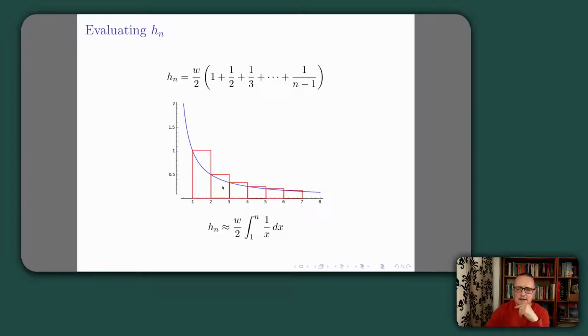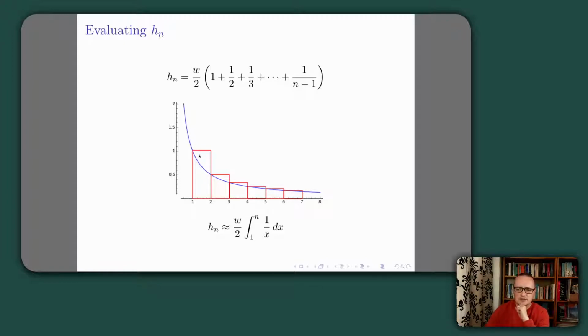So in red here, I have rectangles whose area is equal to each of these terms in the series. So I have a rectangle of area 1. It's got width 1 at the bottom and it's got height 1. I've got a rectangle of area half because it's got width 1 and height 0.5. Then I've got a rectangle of area third, then one of area quarter, and so on and so on.